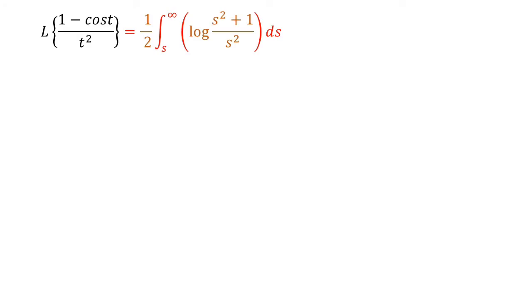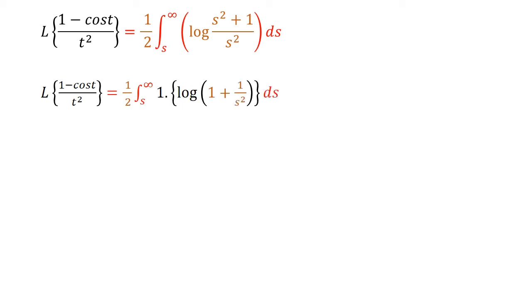This is the expression. We will multiply this expression with 1, since multiplying anything with 1 doesn't change the value of the expression. So we write this expression as the Laplace transform of (1 minus cos t) upon t square is half integration s to infinity of 1 into log of 1 plus 1 upon s square ds.